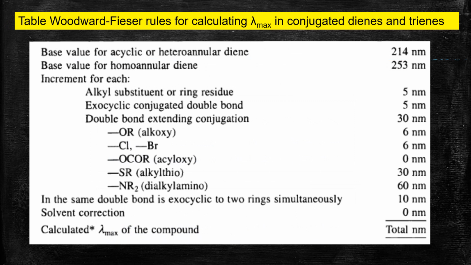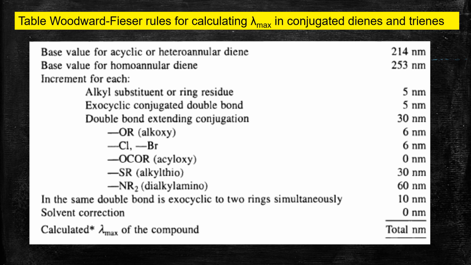This is the table you have to memorize for the substitutions we have to apply. For alkyl substitution we use 5 nanometers, for exocyclic 5 nanometers, for double bond extension 30 nanometers, for alkoxy, chloro, bromo 6 nanometers, for acyloxy 0, likewise thio and also amino group 60. So we have to memorize this table. When you memorize it, we can easily solve the problem.